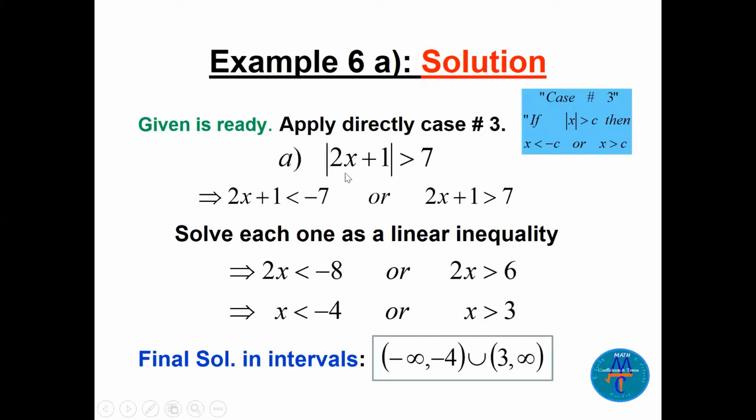So this one is 2x plus 1 less than minus 7 here, or 2x plus 1 greater than 7 here. Now you simplify each one. This is a linear inequality. Take minus 1 to the other side, divide by 2, don't change the sign, and this one, x greater than 3. So x less than minus 4, from minus infinity to minus 4, union 3 to infinity. That's the solution of A part.